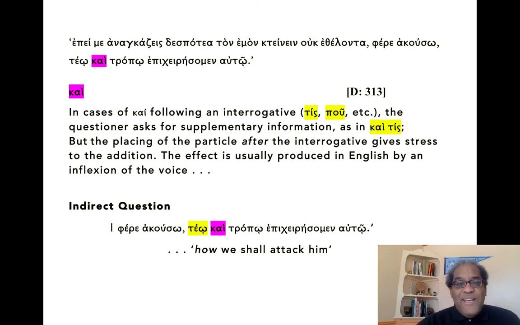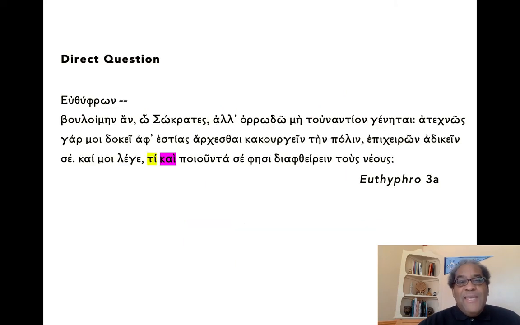So the reason why I enjoy this one is because the additional example that Denniston gave is from Plato's Euthyphro. This is the beginning of it, where Socrates and Euthyphro are going back and forth, and Socrates is being a bit mischievous and rhetorically playing around, ironically, with Euthyphro.